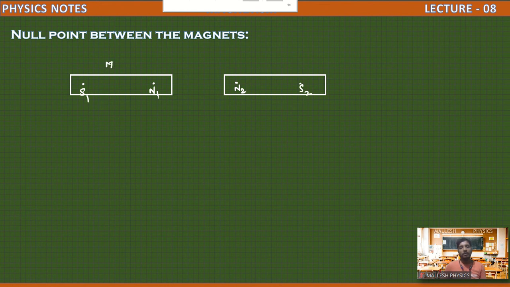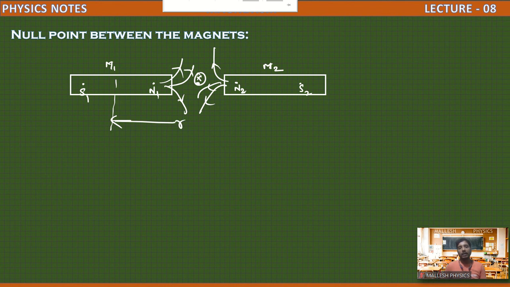The magnetic moment of the first bar magnet is M1 and the magnetic moment of the second bar magnet is M2. Now these two fields are opposite to each other, right? Here the N1 field goes like this, and from N2 the field lines go like this. The field lines of M1 will be repelled by the field lines of the second bar magnet. So at a particular point these two fields become 0, and there the null point will be found. So how to find that? Take the distance between the centers of these bar magnets as R.